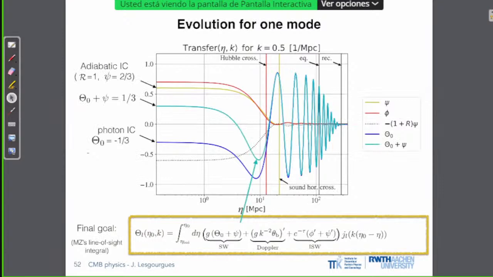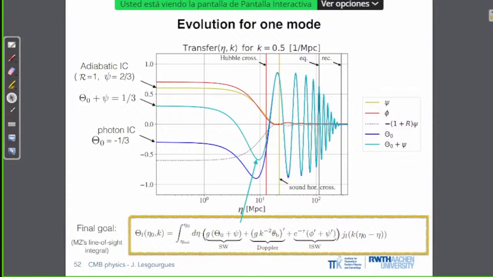It starts between the yellow and the blue. It starts to oscillate like the theta 0. And then at some point, theta 0 plus psi becomes identical to theta 0 because the metric has decayed.